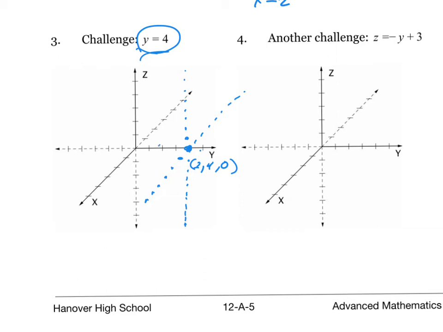So in a situation like this, what I would draw is a rectangular section of the plane with edges that are parallel to the x-axis. Here's an edge parallel to the x-axis, and here's another edge parallel to the x-axis. And the other pair of edges are parallel to the z-axis.